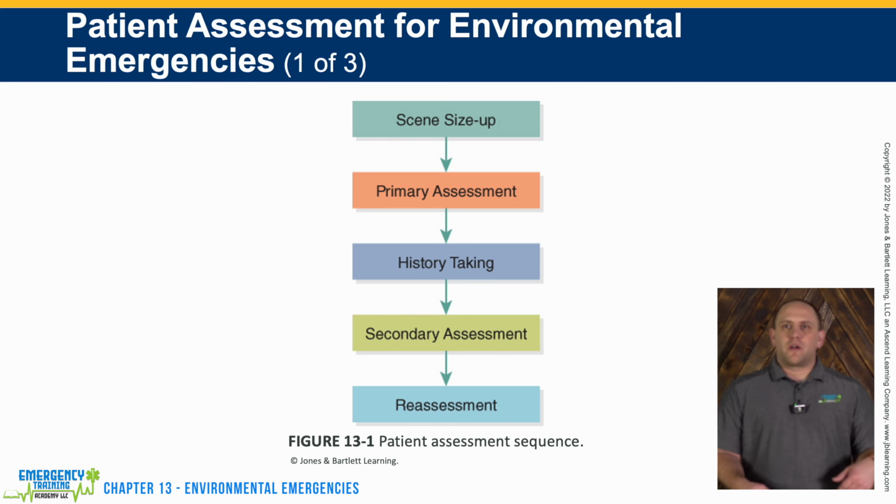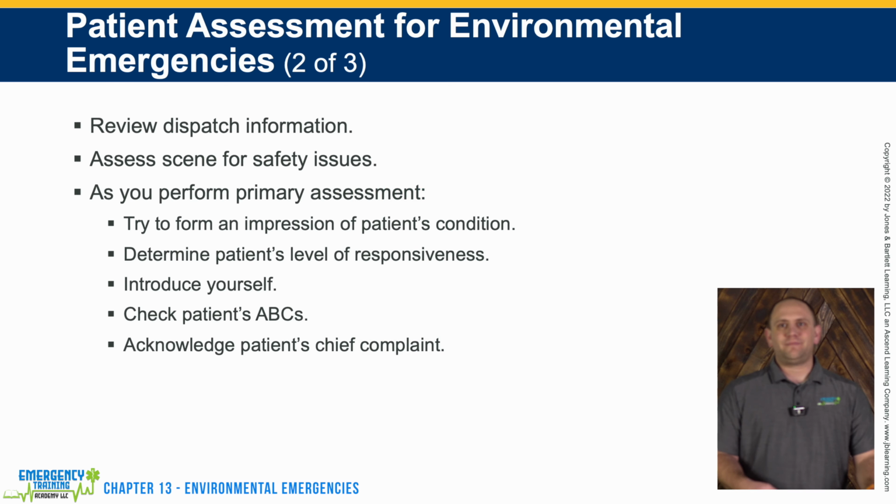As with all of our assessments, we're going to start with our scene size up, move into our primary assessment, get a good history, a secondary assessment, and move on to our reassessment. Same steps that we've had with all of our other assessments, repetition, repetition. We're going to start by reviewing the dispatch information, trying to figure out as much as we can about the call before we ever even get there.